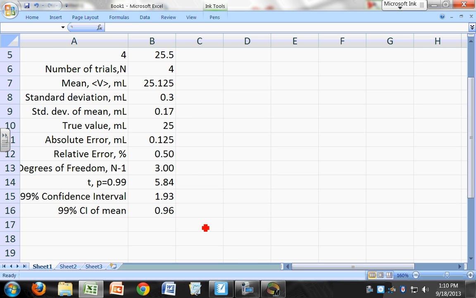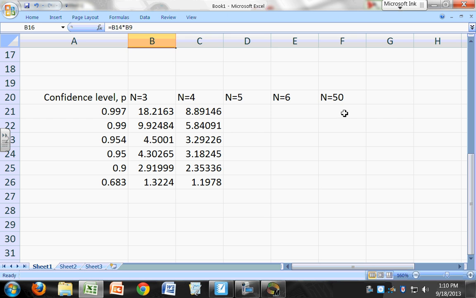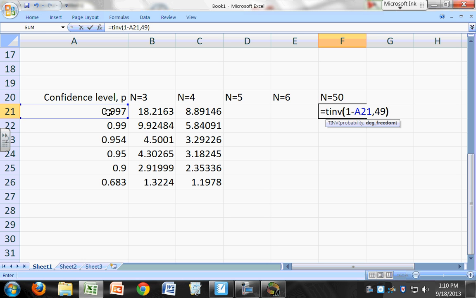Now, if you go back to that Excel spreadsheet that I asked you to do, the probability, the t factors. When you have a large t factor right here, let's just copy this one. What was it? T inverse of 1 minus 0.997, and then let's say 49 degrees of freedom. You can see it's 3.1, right?